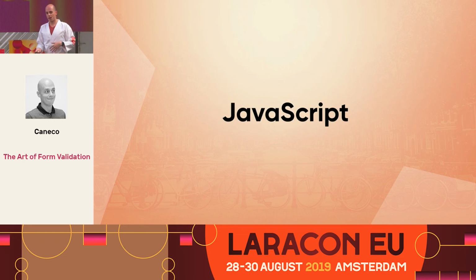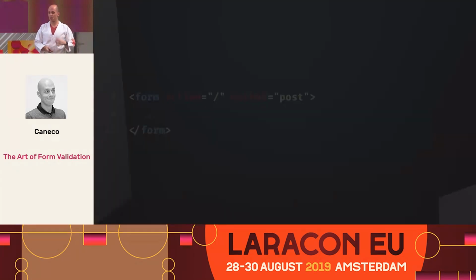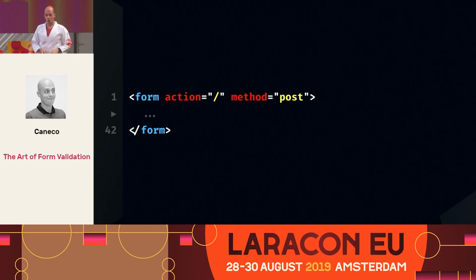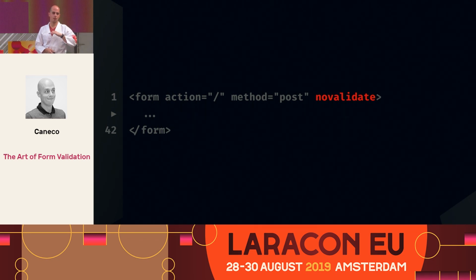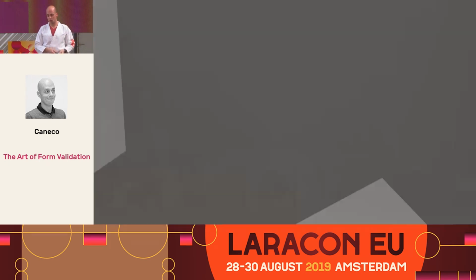Maybe with JavaScript, that tiny thing that most of you are afraid of, maybe you can do a little something with that. But before we use JavaScript, we need to add one tiny thing on our form, so that the form doesn't validate as it is expected to, and just goes with our validation.